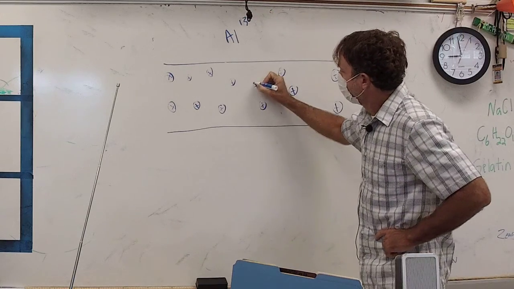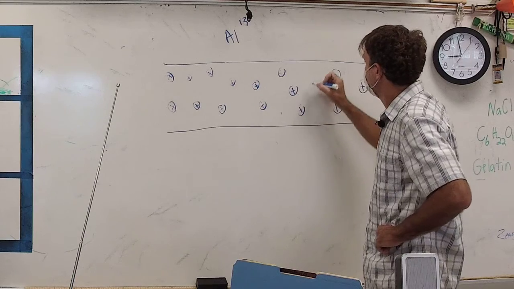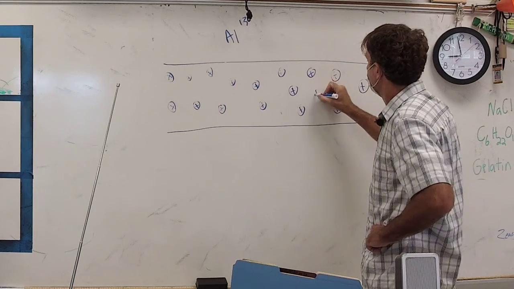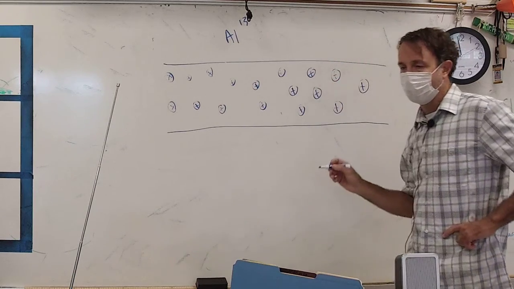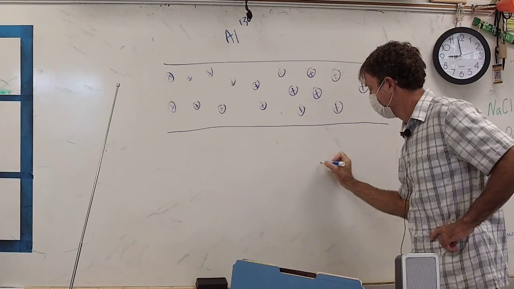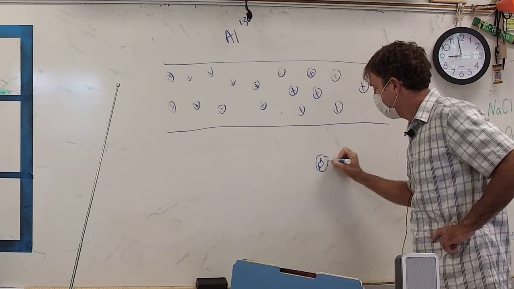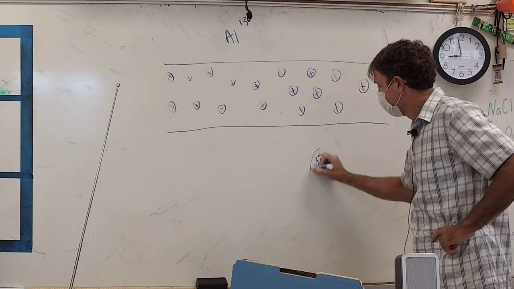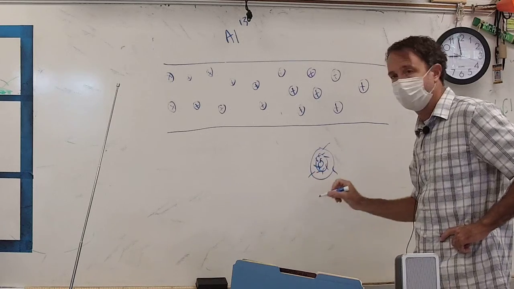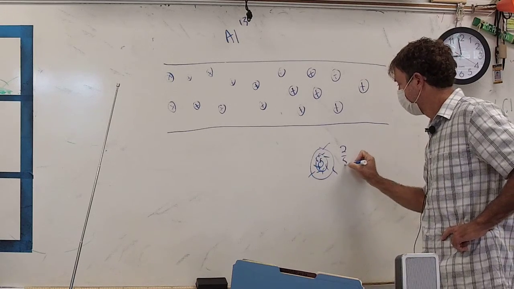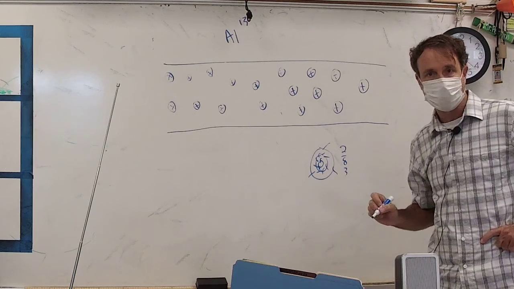So they have all these nuclei. And remember, we could draw a Bohr model for aluminum. It'd be 2, 8, and 3, right? 2, 8, 3. Everybody with me?